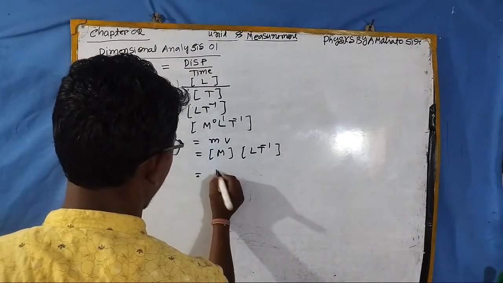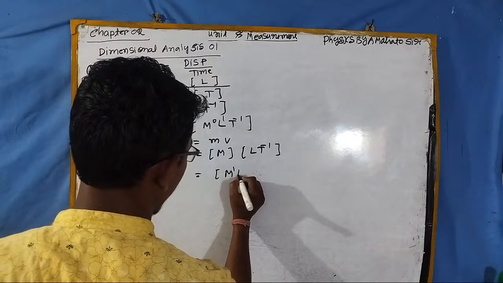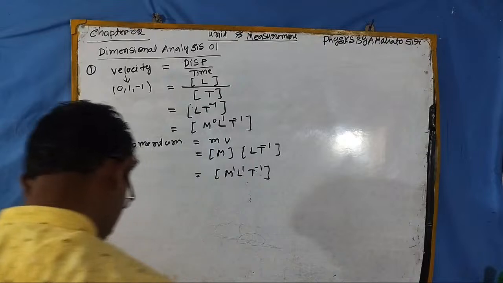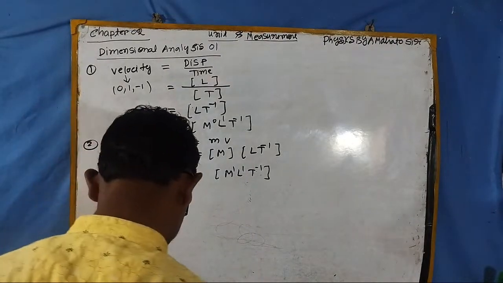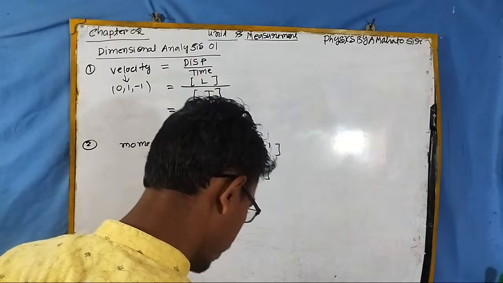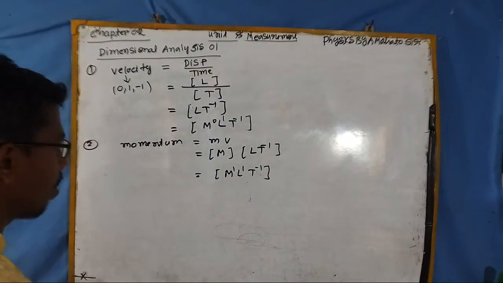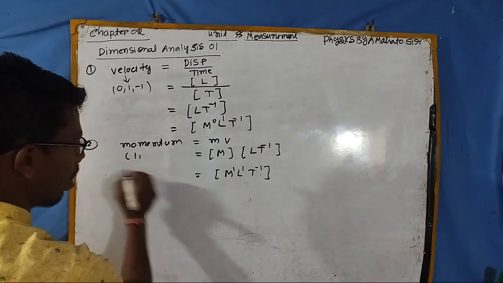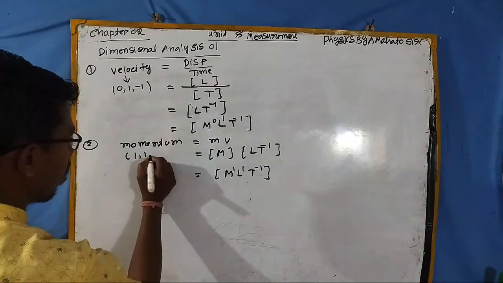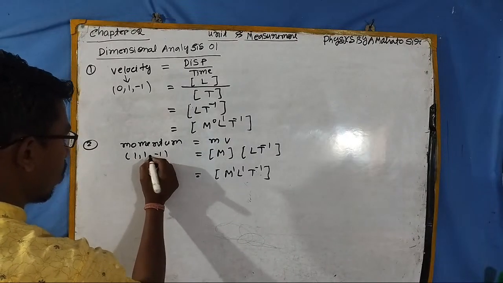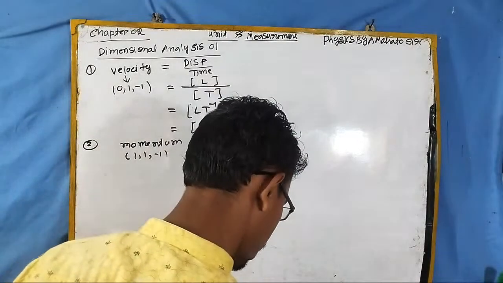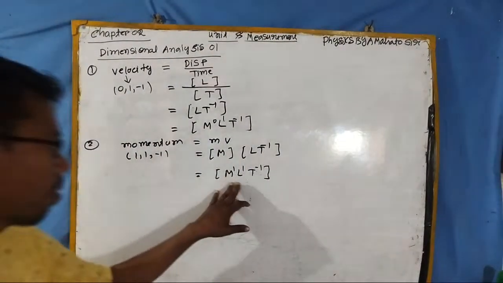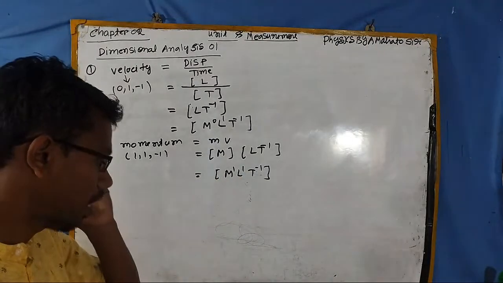So the momentum dimension is M1 L1 T minus 1. The powers of the fundamental quantities give the dimension.